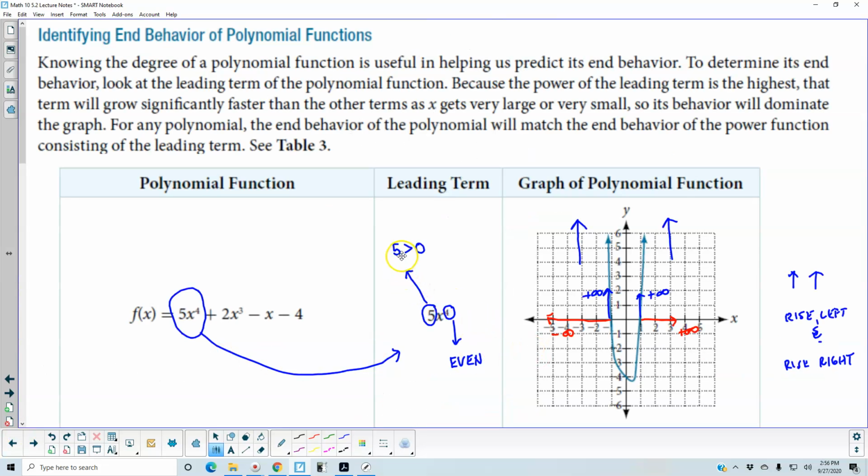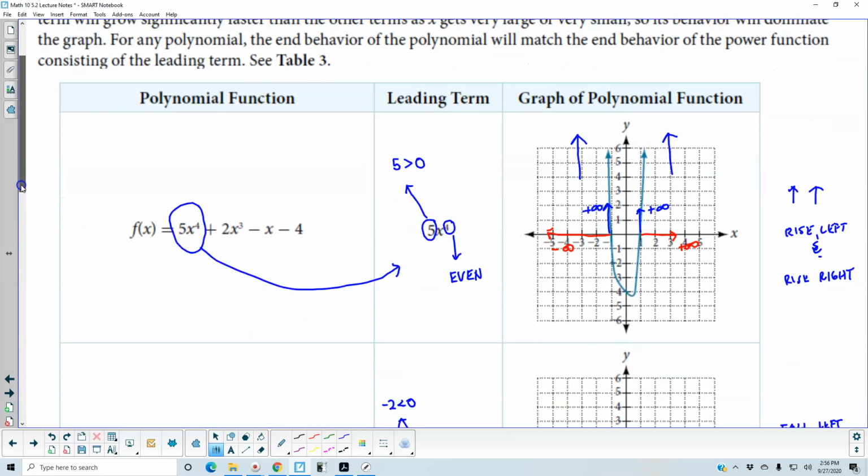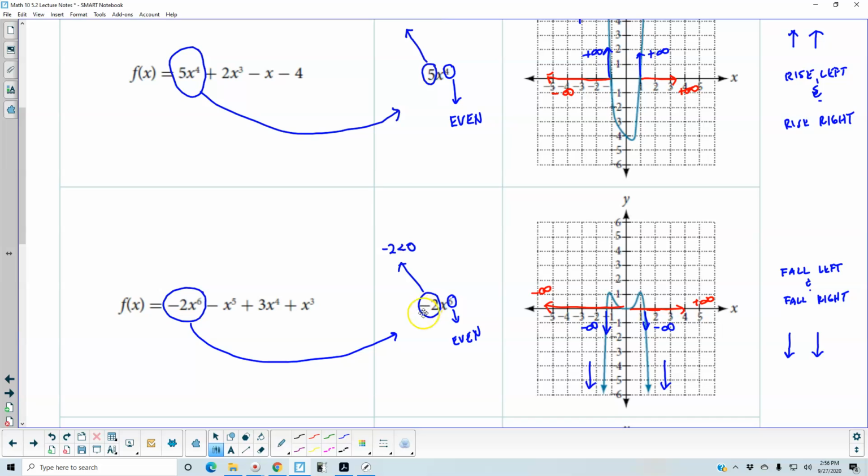Here the leading coefficient is positive and we have an even degree. So it's rising on the left and rising on the right. Now the next scenario is when the leading coefficient is negative and we have an even exponent. It's falling on the left and falling on the right.